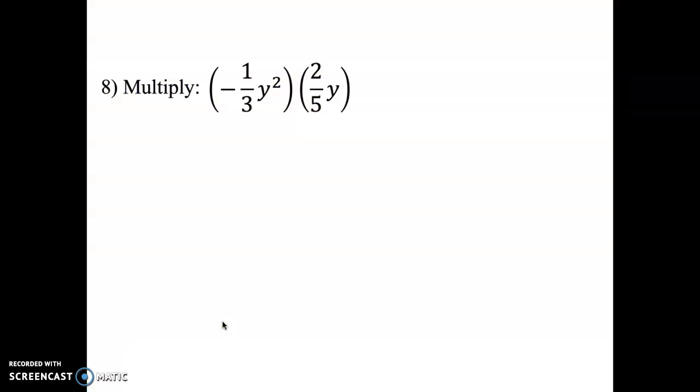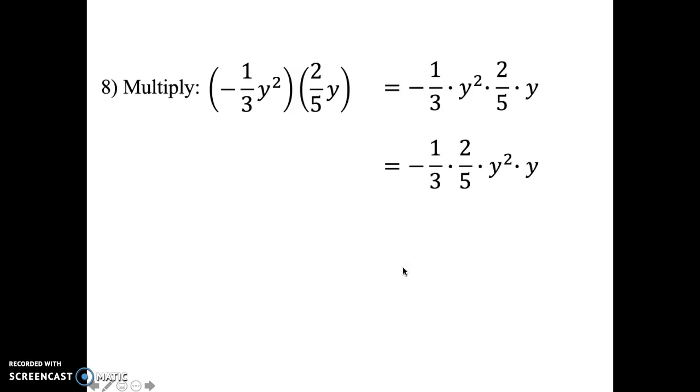Okay, so monomial times monomial. Here's another example of a monomial times a monomial. What's the strategy? Remove the parentheses, everything becomes a big multiplication problem. Each factor is being multiplied by the next. So negative 1/3 times the y squared here times the 2/5 times the y. I'm going to rearrange things and put the fractions next to each other and the variables next to each other.